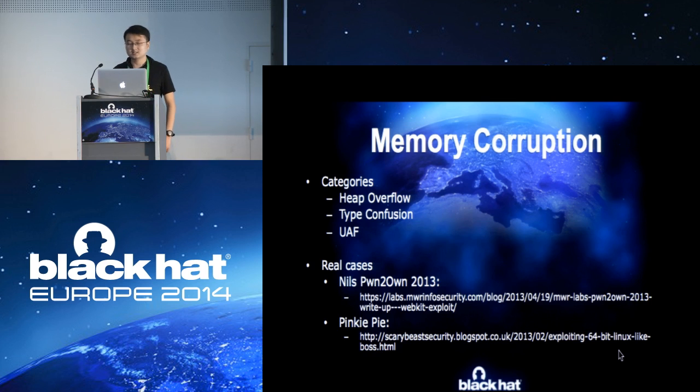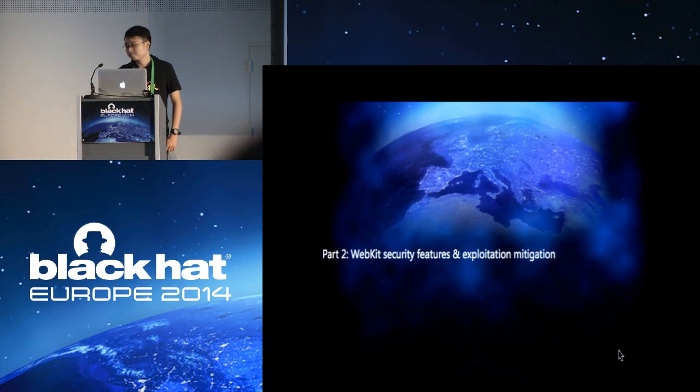The typical example is Nils' Pwn2Own 2013, where he used a type confusion vulnerability to pwn the latest Chrome browser, and also Pinkie Pie's Chrome exploit on Linux 64-bit, which is very exciting.